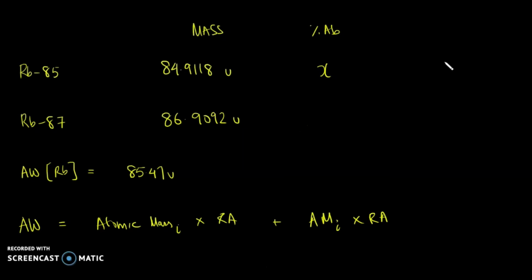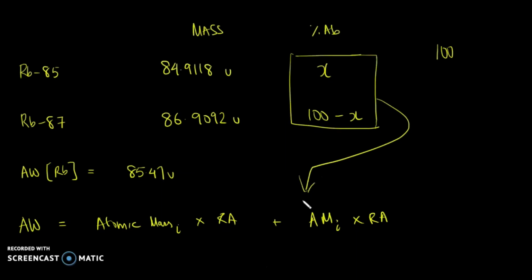By the definition of percentages, we know percentages are out of 100. So by definition, the percent abundance for rubidium-87 will be 100 minus x. These are the variables that we will plug into this equation.